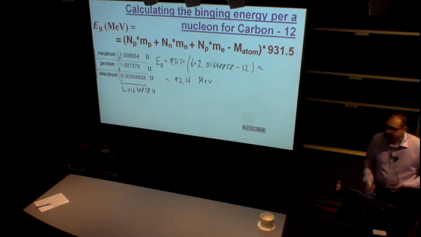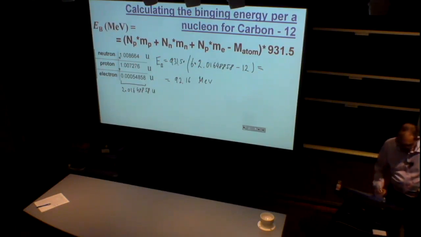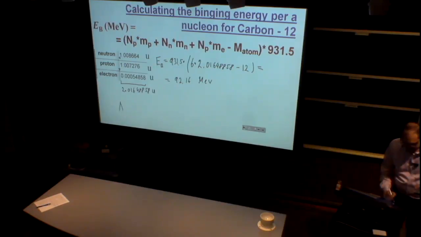Now, there is another very important physical quantity related to all elements: binding energy per nucleon. How many nucleons does it have? A. The number of nucleons is equal to the number of protons and neutrons together.